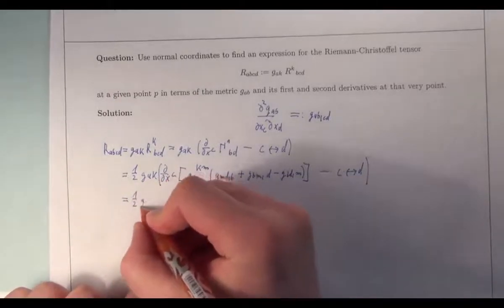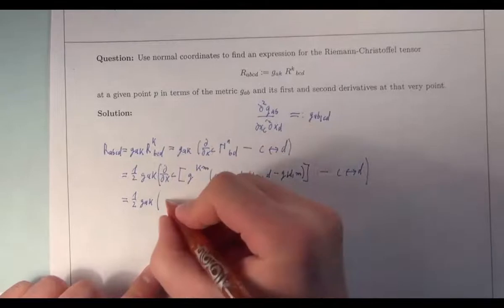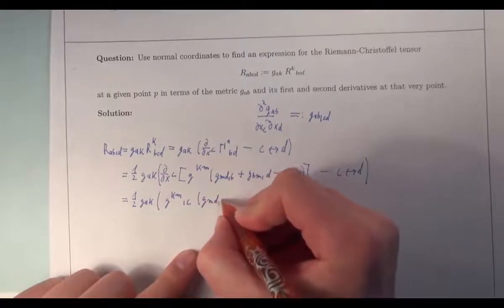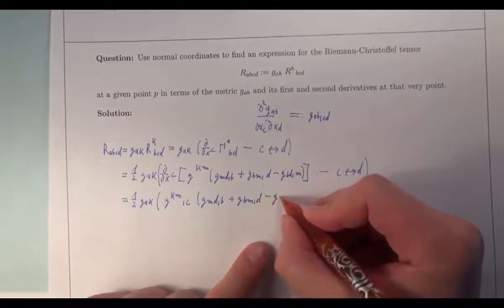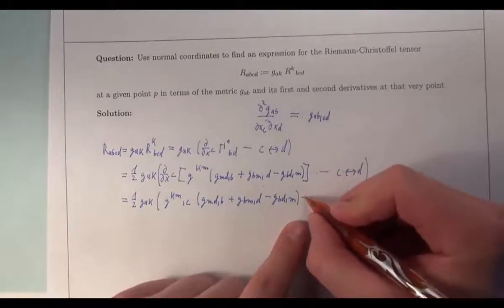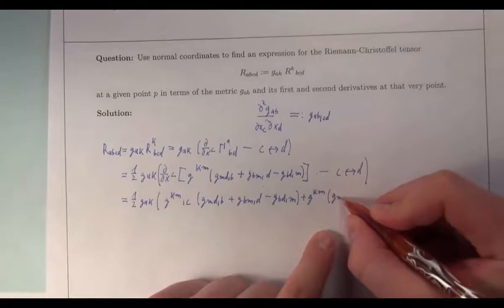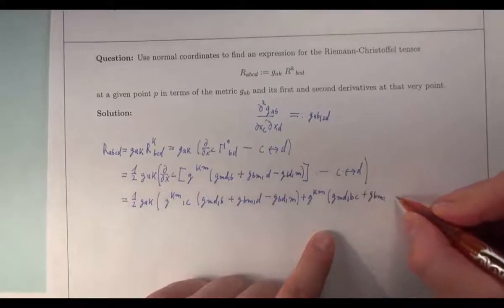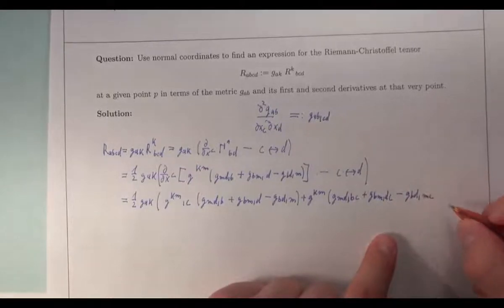That's 1/2 G_AK of, I denote the derivative shorthanded, G^KM,C times G_MD,B plus G_BM,D minus G_BD,M, first part of the product rule, plus G^KM times G_MD,BC plus G_BM,DC minus G_BD,MC.